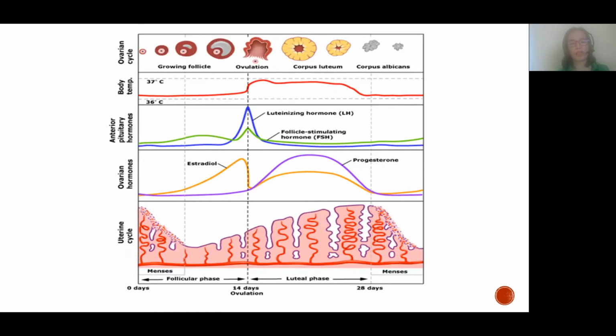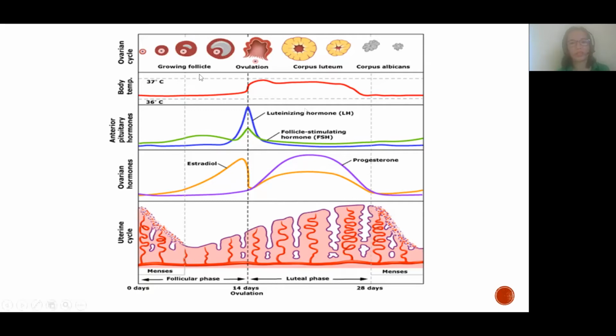Normally, the reproduction cycle takes 28 days, but it varies from female to female. For some, they have a short cycle like 21 days, and for some, a longer cycle like 35 days. We cannot simply say that this is not normal. But what we are talking about here is the 28-day reproduction cycle.